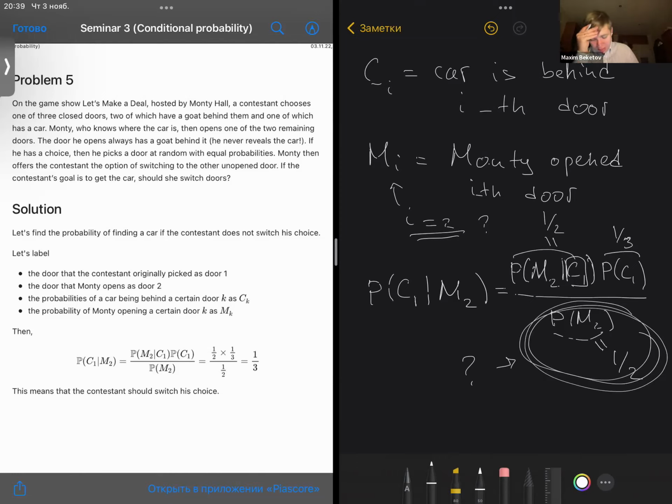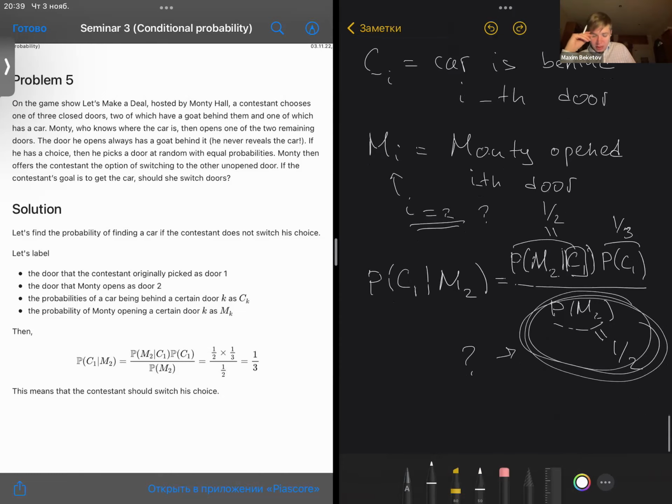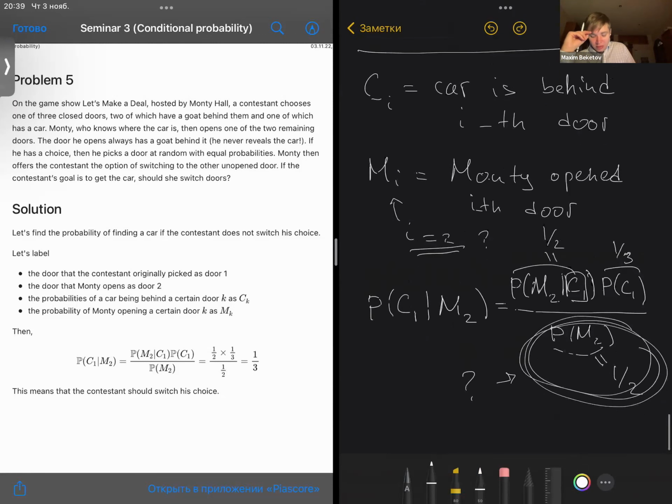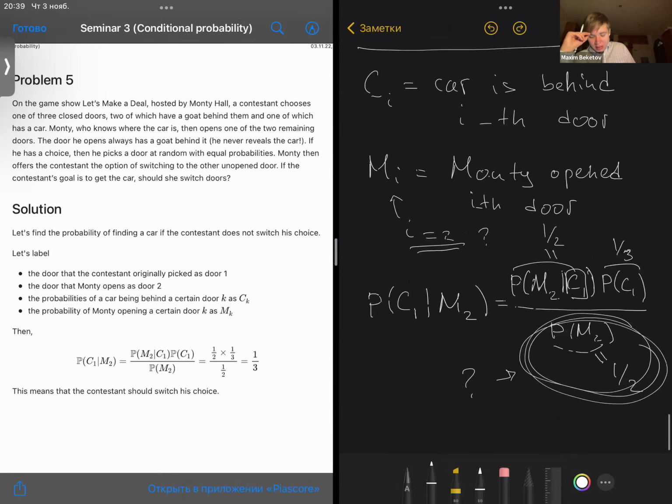Because you see, we have this conditional probability of Monty opening the second door, given that you've chosen the first one, but it seems that it is so. This 1/2 is not.